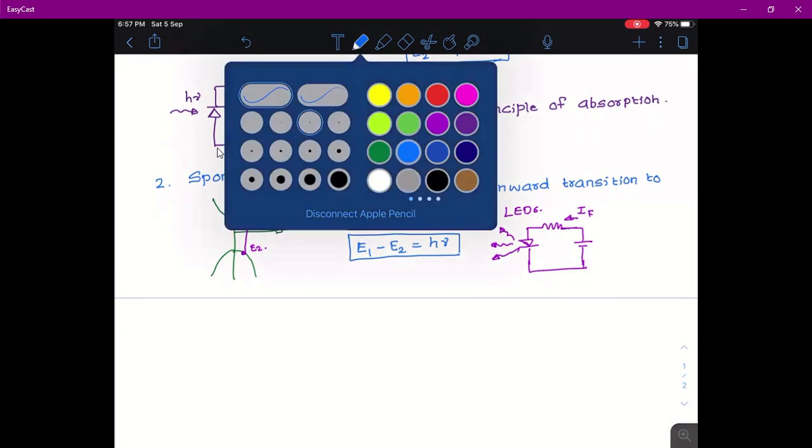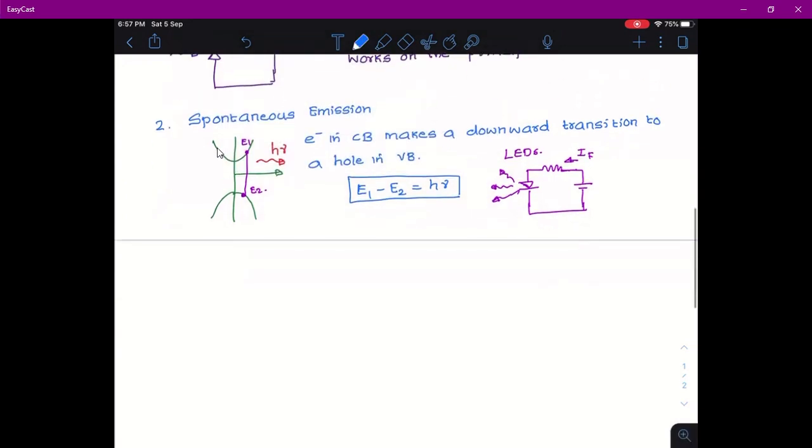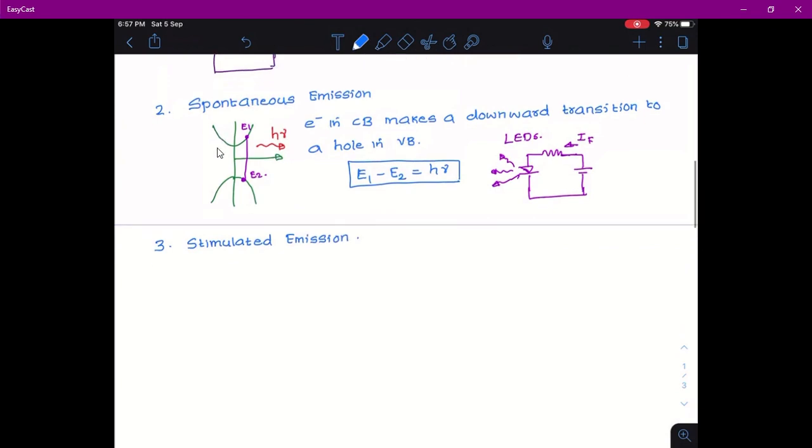And the last part is stimulated emission. Again, let's draw the same band diagram or same E-K diagram. And let's assume that there is an electron in the conduction band with energy E1.